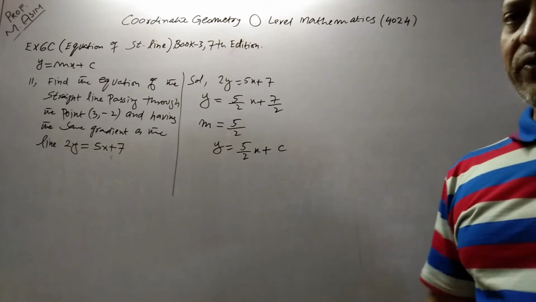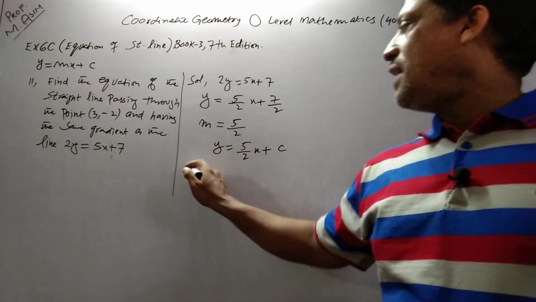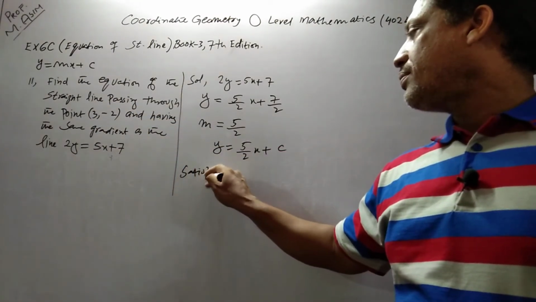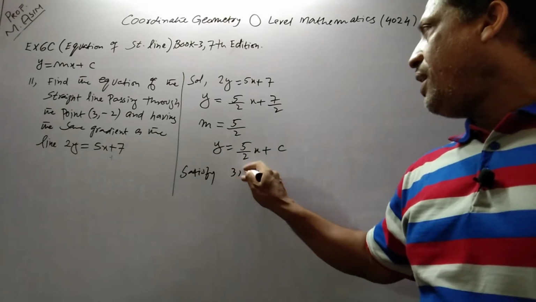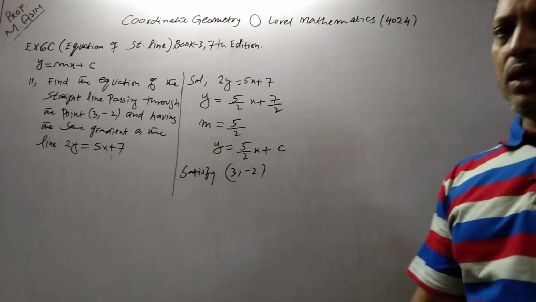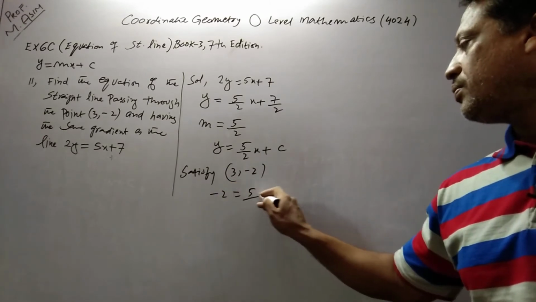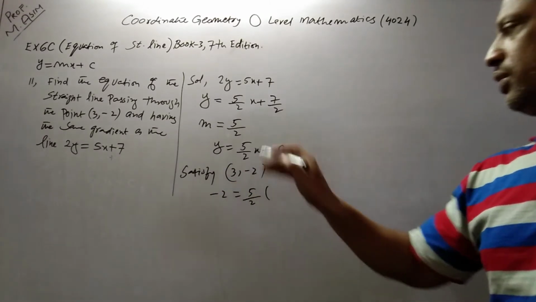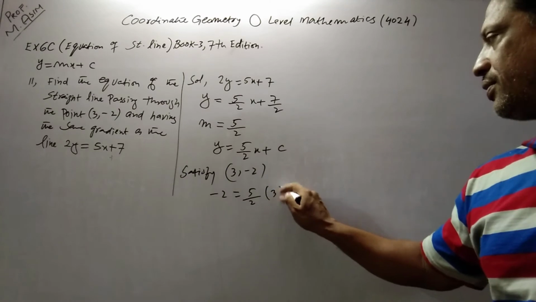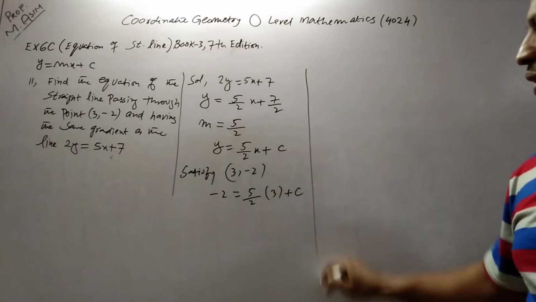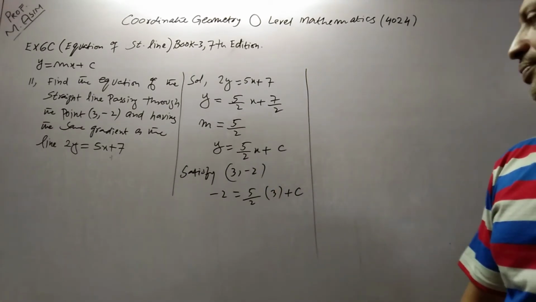How to get the value of c? Take this point (3, -2) and satisfy it. Put -2 where you see y, and put 3 where you see x.